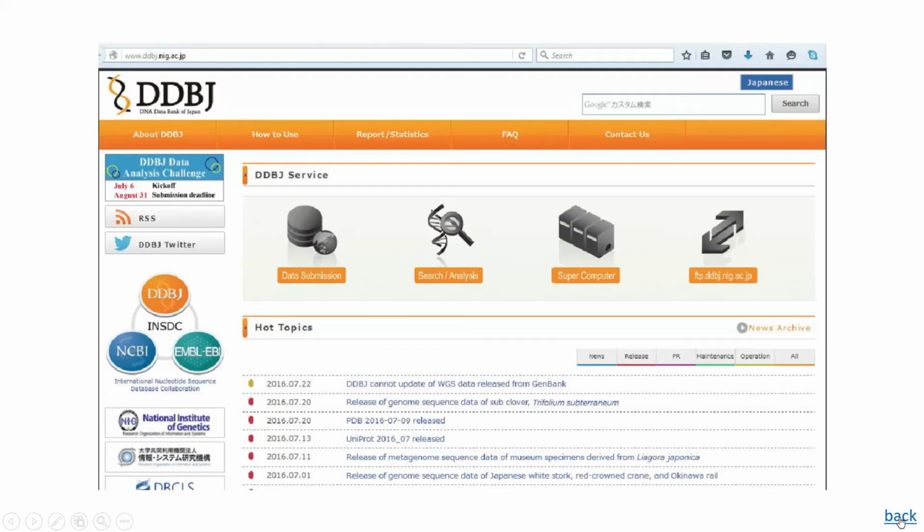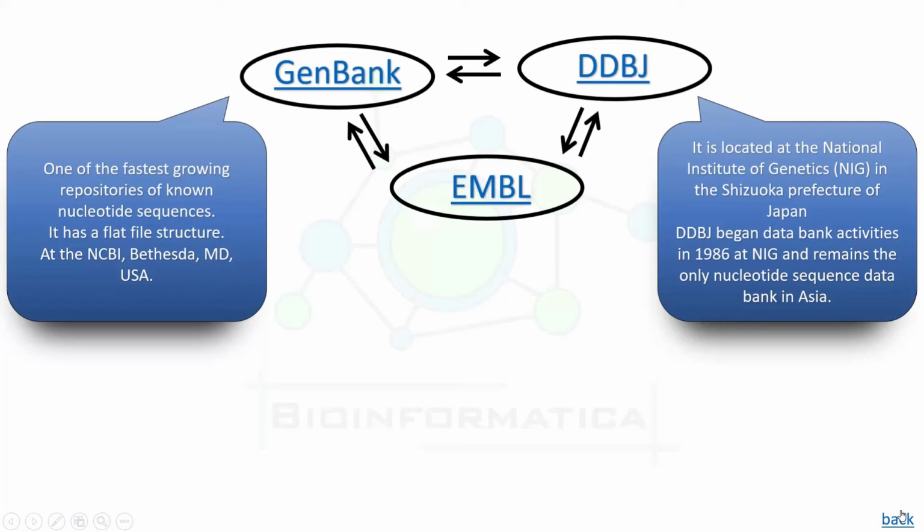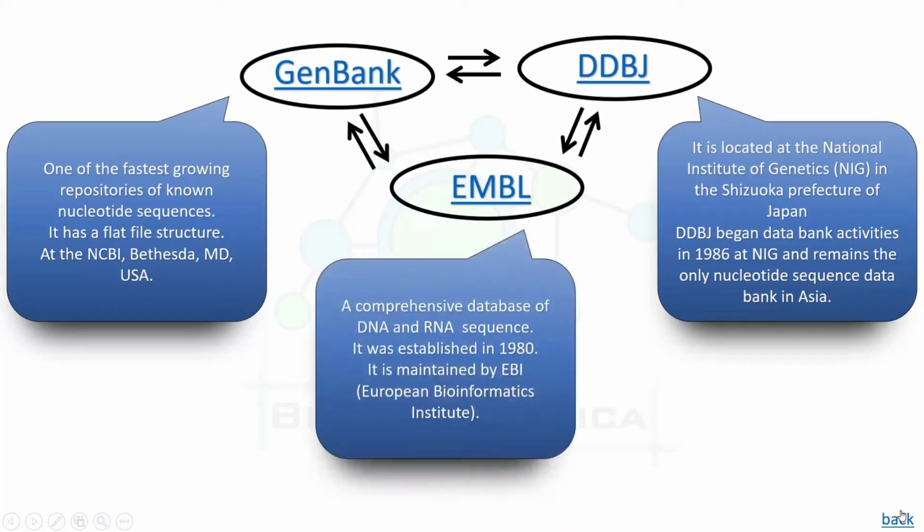The DDBJ Center collects nucleotide sequence data as a member of the International Nucleotide Sequence Database Collaboration and provides freely available nucleotide sequence data and a supercomputer system to support research activities in life sciences. It provides databases maintained through web services. Databases can be downloaded from their FTP sites. That's all about DDBJ.